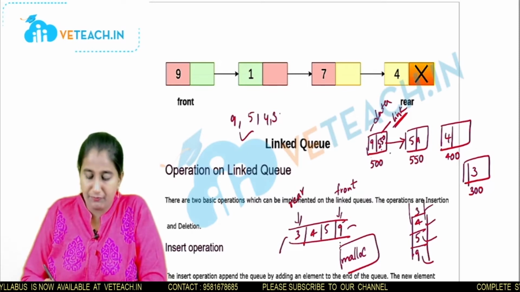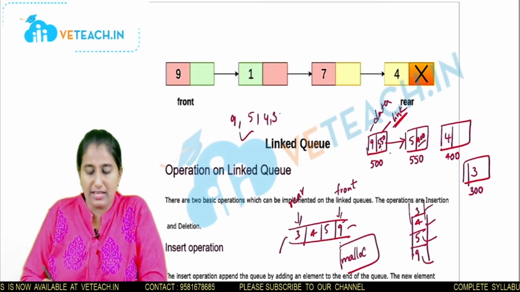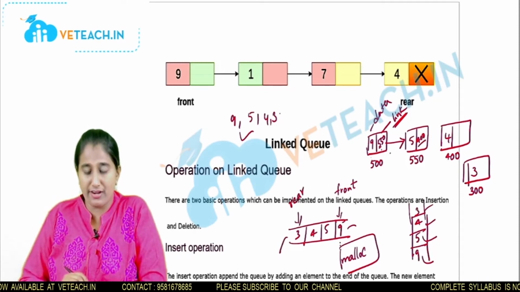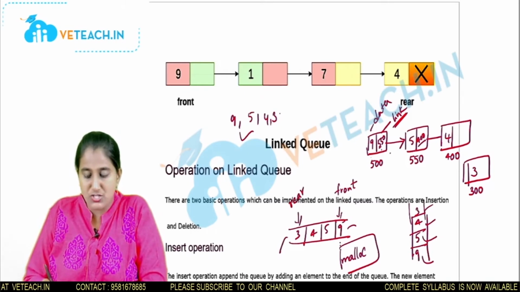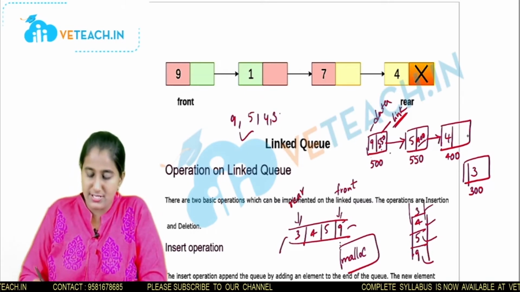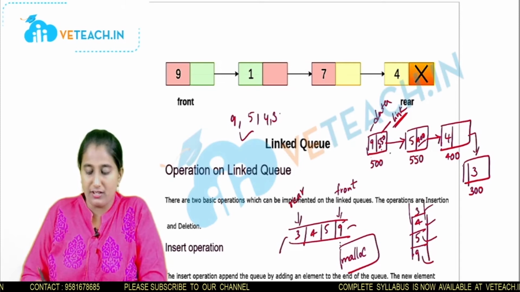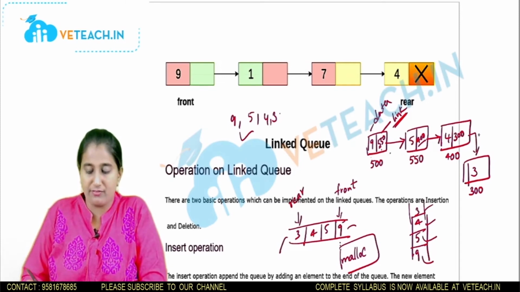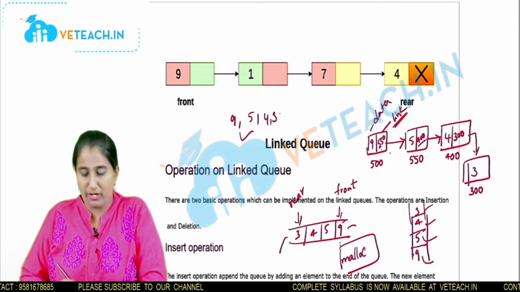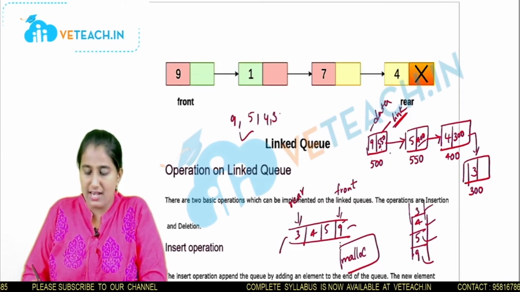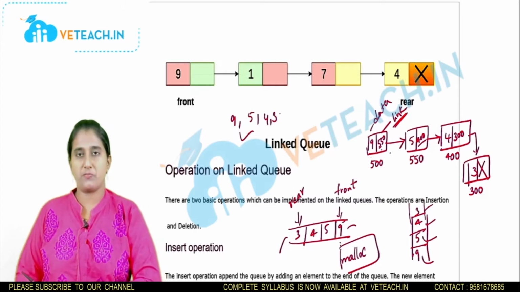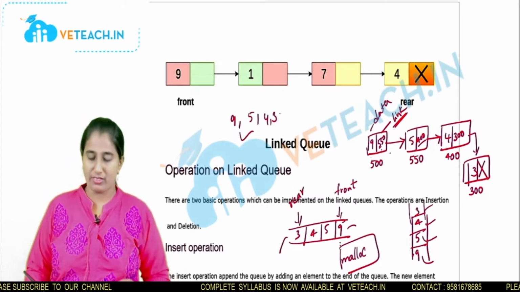Similarly, in node 5 the link has the 400 address, which means it points to the 400 location. Similarly, 3 means 300, so it points to the 300 location, isn't it? Now this is the last element, so its link should be represented with null.